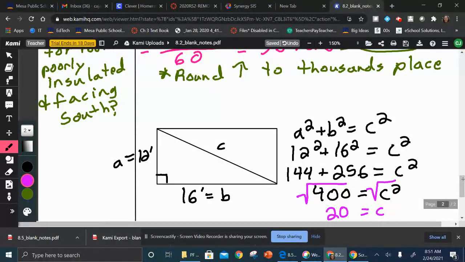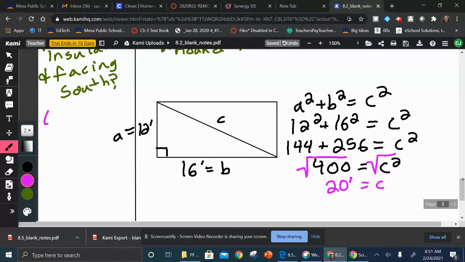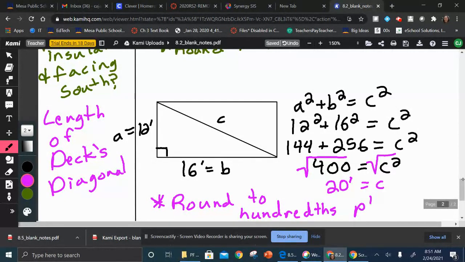So it's going to be 20 feet. So that's the length of the deck's diagonal. Okay, and when we're doing this, everybody, we round to the hundredths, so round it to the hundredths place.